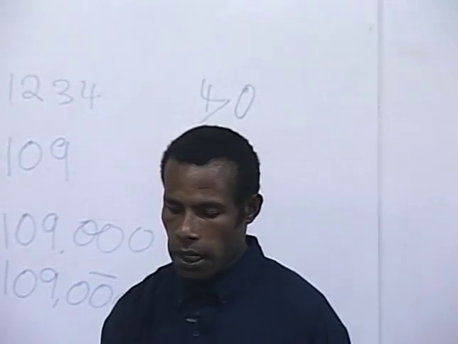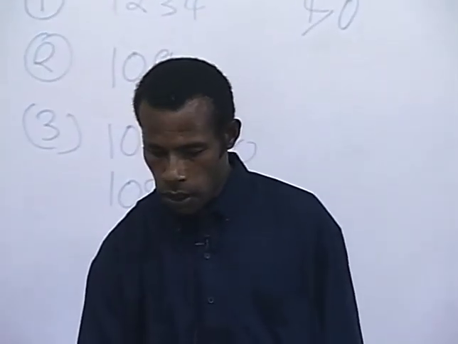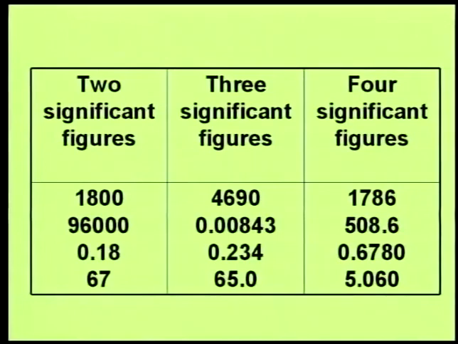Now, you can have a look at the table. In the table, for the first one, if you look across the table, on the third column, which has 4 significant figures, you'll find that there is 1, 7, 8, and 6.